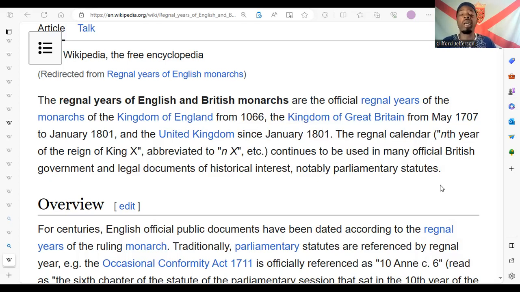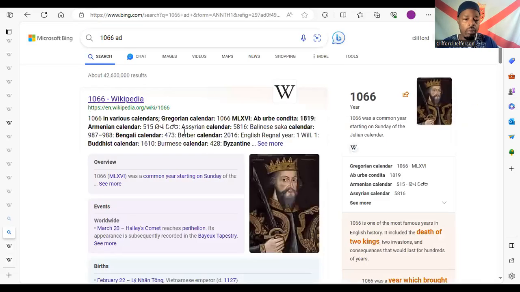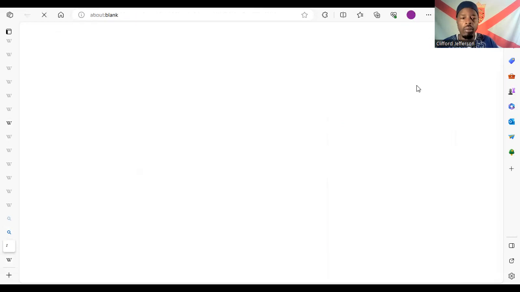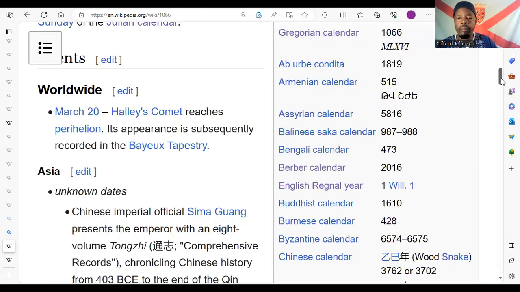We know William the Conqueror invaded England in 1066. We just witnessed it. He was the king at that time. English Regnal year, William the Conqueror.